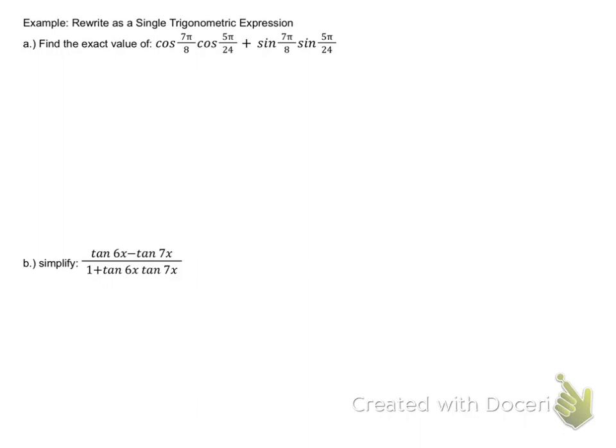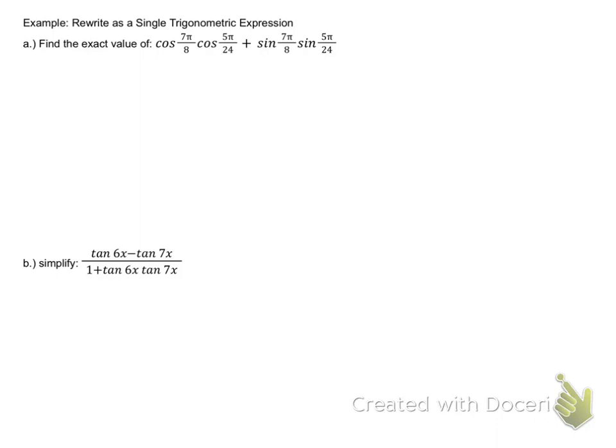Second giveaway, guys, is the fact that you have a cosine times a cosine plus a sine times a sine. You'd be like, hey, isn't that one of my formulas that was expanded? Couldn't I bring it back and write it as a single value?